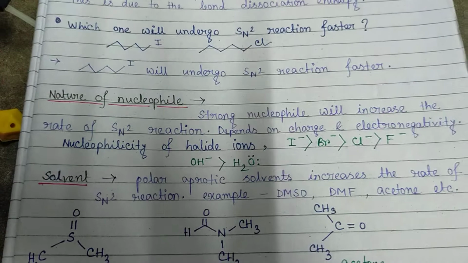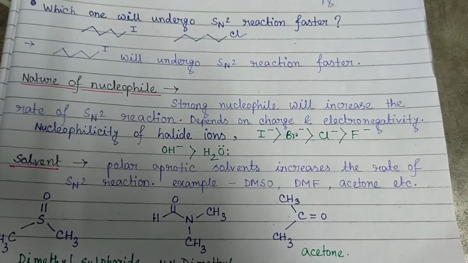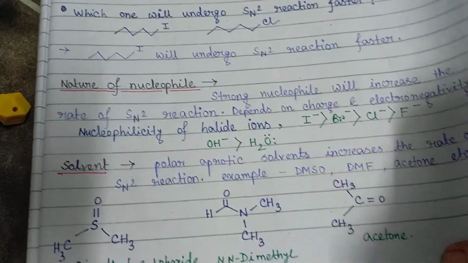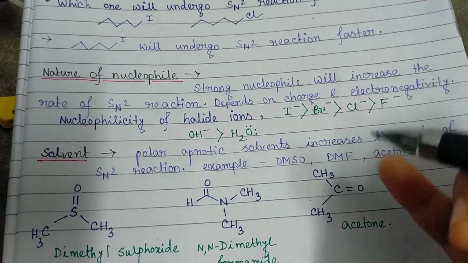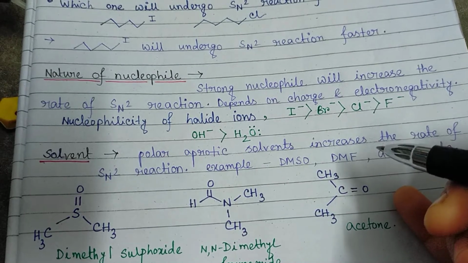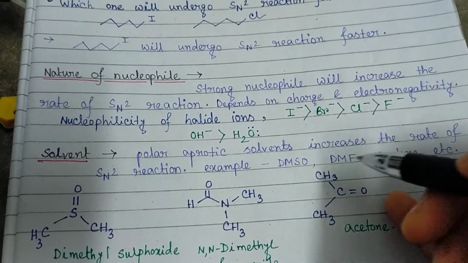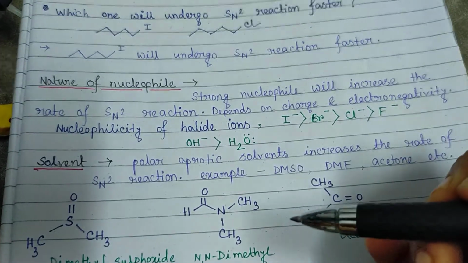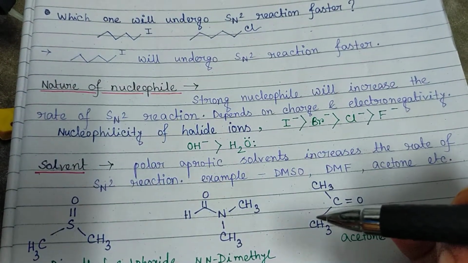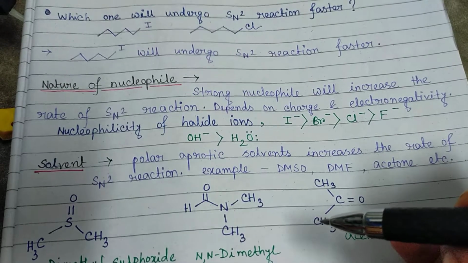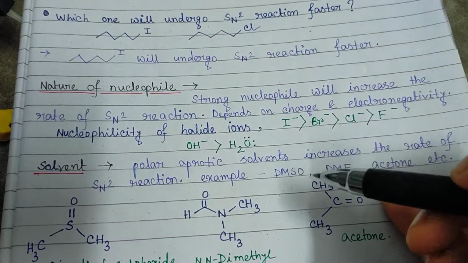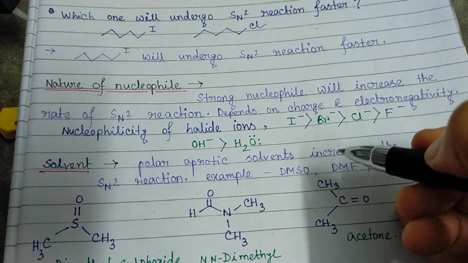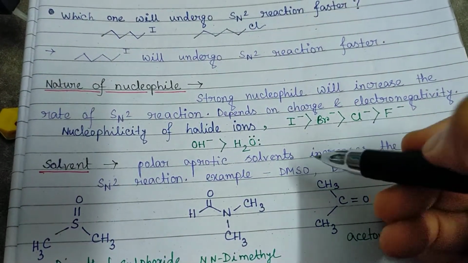Next one is the nature of the nucleophile. As we have seen from the rate of reaction, the nature of the nucleophile is also a factor on which the rate of the SN2 reaction depends. So let us see what the order will be. A strong nucleophile will increase the SN2 reaction rate, and nucleophilicity depends on the charge and electronegativity of the donor atom.